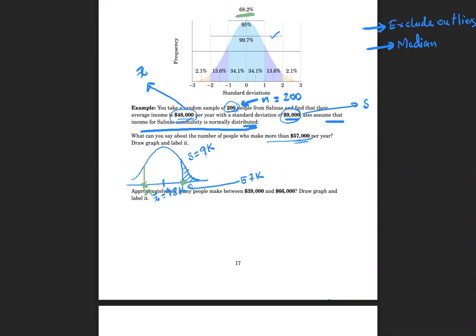It is gonna be 68.2%. Why? You moved 1 standard deviation to the right and 1 to the left. So this middle portion is gonna be 68.2%.